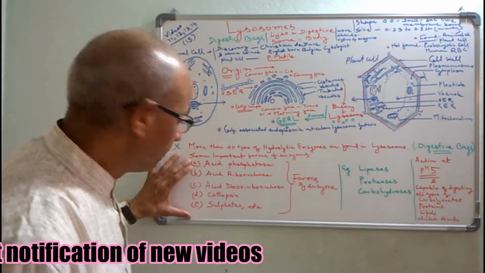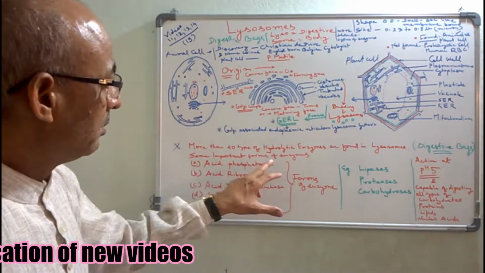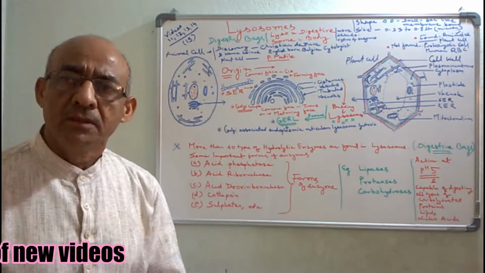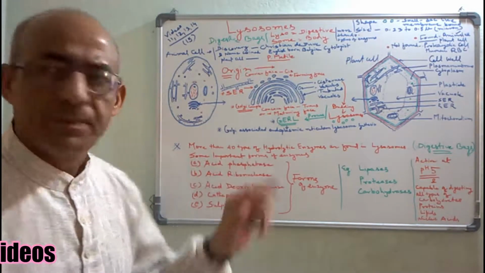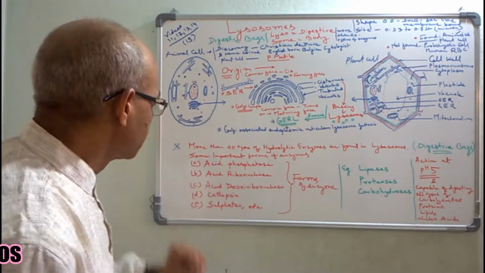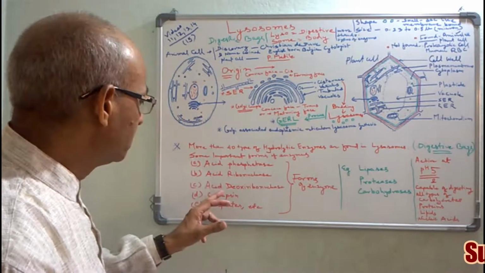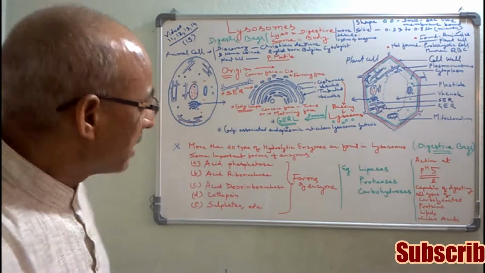Here are some forms of the hydrolytic enzymes which are found inside the lysosomes. First form is acid phosphatase. Second is acid ribonuclease. Third form is acid deoxyribonuclease.